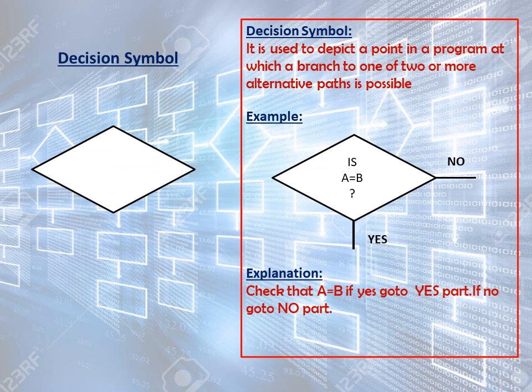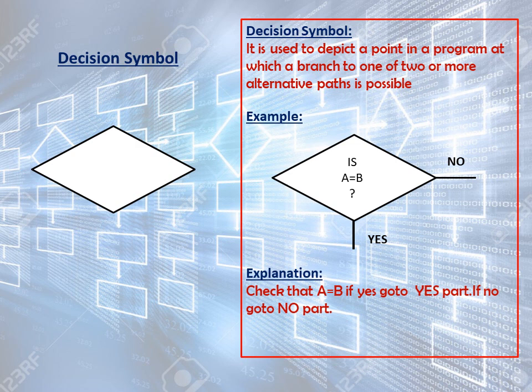Now this is a decision symbol. The diamond shape is called a decision symbol. When we write programs, a situation arises where we have to provide conditions, and from those conditions we have to give the decision as output. For example, if you are writing the program A is greater than B, we have to give the decision either A is greater or B is greater.